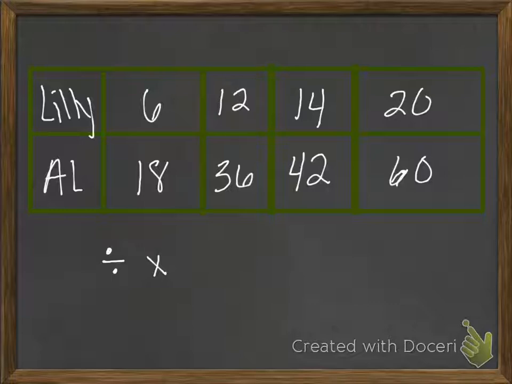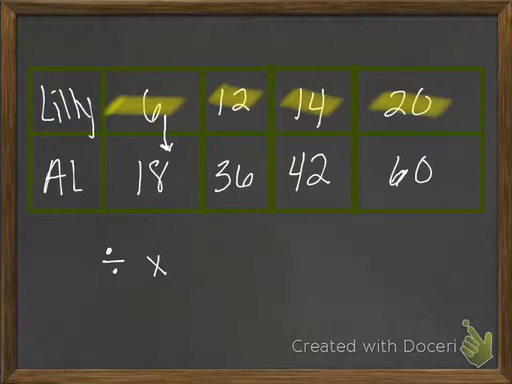In order to find that, I need to look at the starting numbers, which are all of Lily's numbers. What did we start with, and where did we end up? We started with 6 and we ended up with 18. What is the difference, using multiplication or division, that we used to get there?